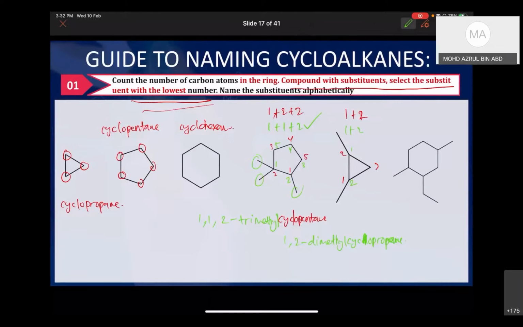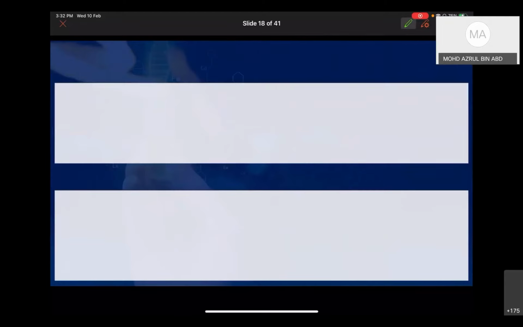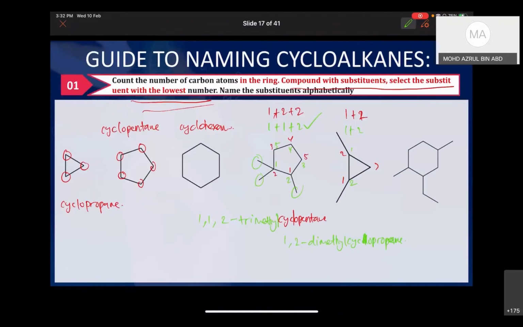Okay, how about this one? For this one, we can name the parent as cyclohexane. 6 carbon. And then next we look at the substituent.